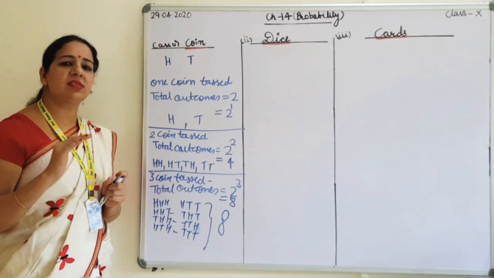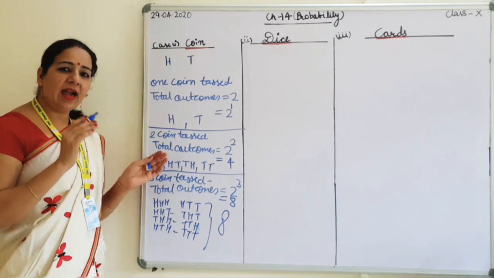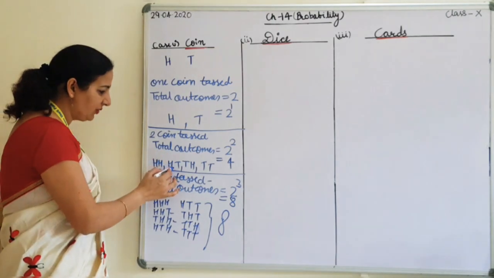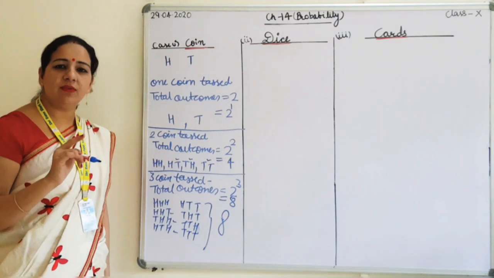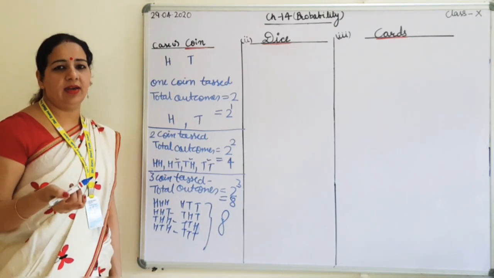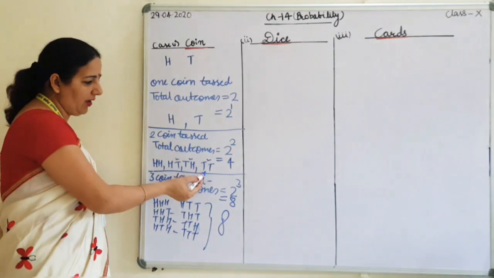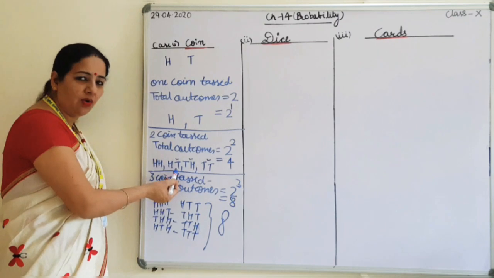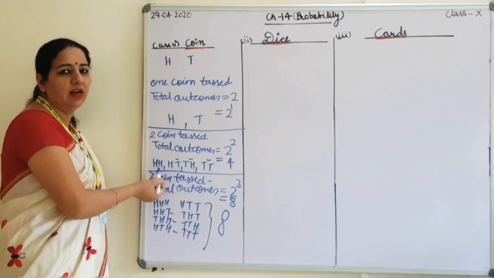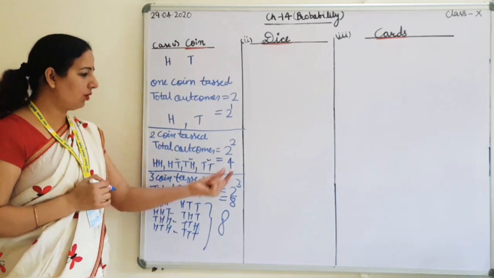At most means maximum, ज़्यादा से ज़्यादा. So it should be only at most 1. At most 1 means 1, 2, and this will also come because the question was at most one, not more than one. So it will be 3 upon 4.